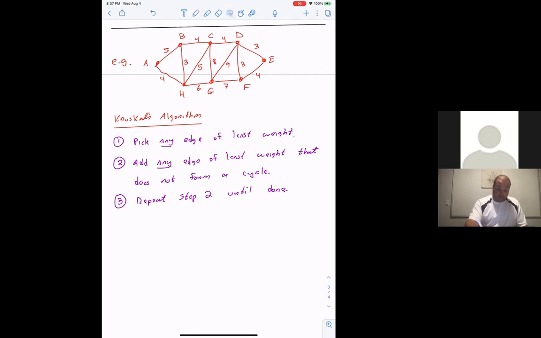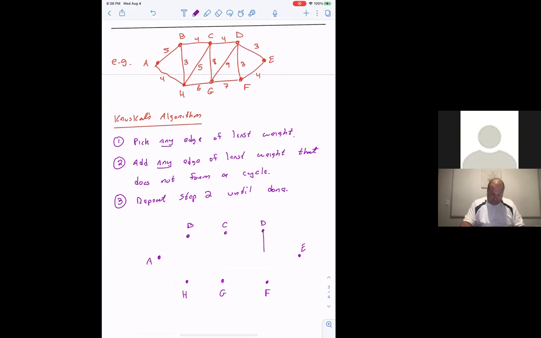So let's do it. What we're going to do is start by just putting all the vertices, because we don't know which edges we're going to include, but I do know that I have to include all the vertices. Okay, step 1, pick any edge of least weight. There's 3 of them. The book picks BH, so let's pick a different one.